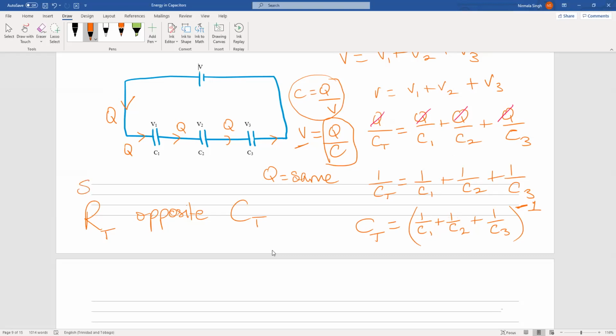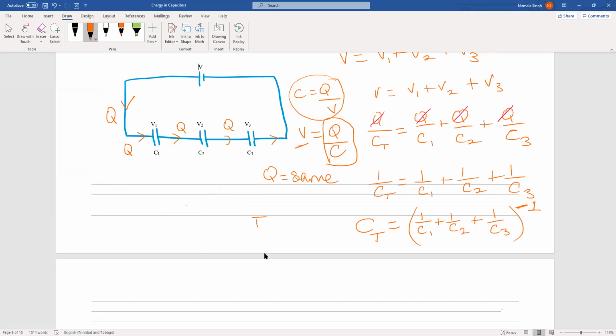Whatever was your series sum in resistors will be your parallel sum in your capacitors, and the other way around. Why did I write a T? There are a few ways to remember it. Just remember one is the opposite of the next, and you'll be able to work it out.